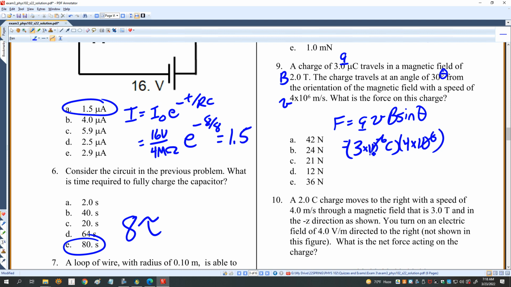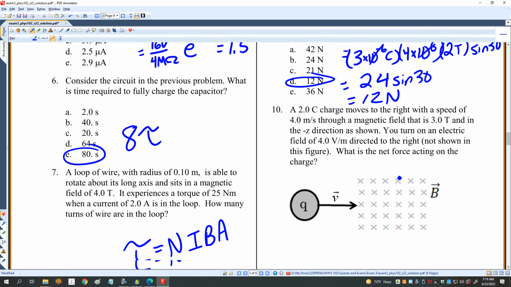That cancels with that. B is 2 Tesla. And then I have a sine of 30. So this is 12, 24 sine 30. That's equal to 12. Right, so 12 newtons is the right answer.